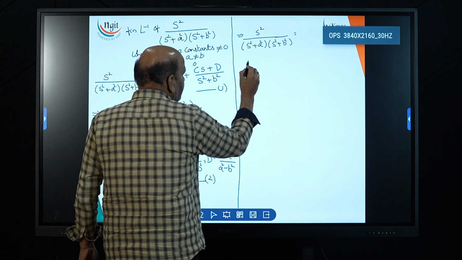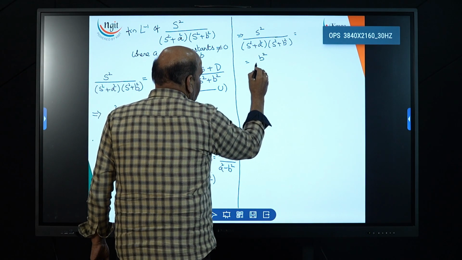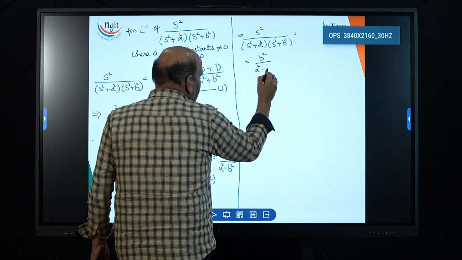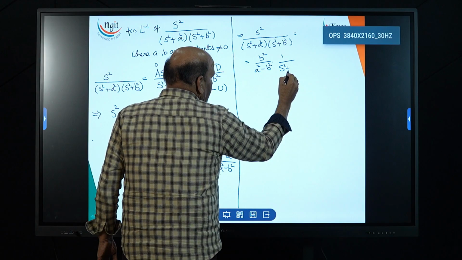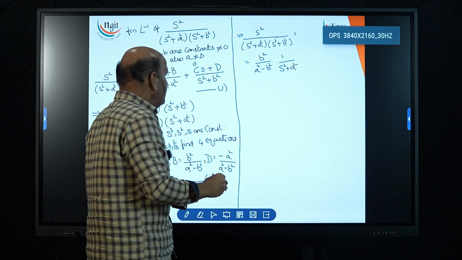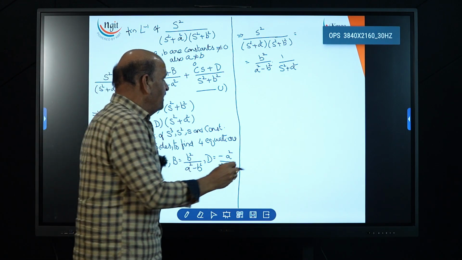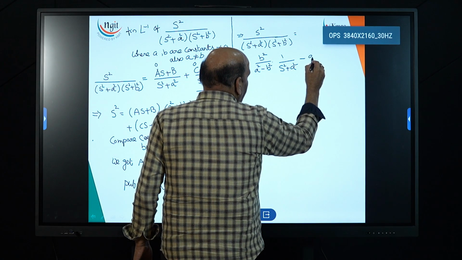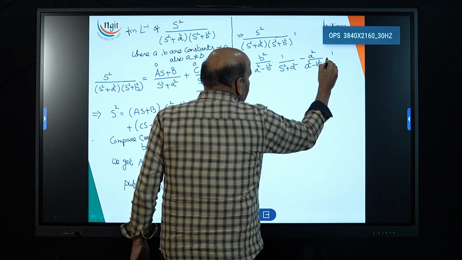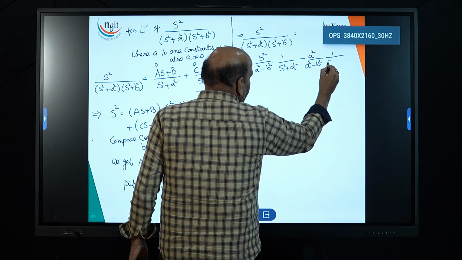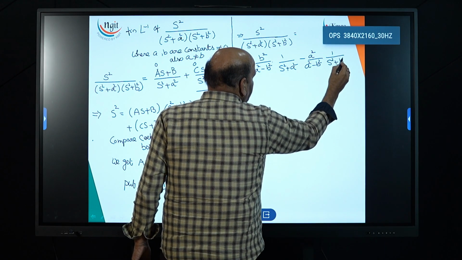B is b square by a square minus b square into 1 by s square plus a square. Next, what is the value of D? Minus a square by a square minus b square into 1 by s square plus b square.